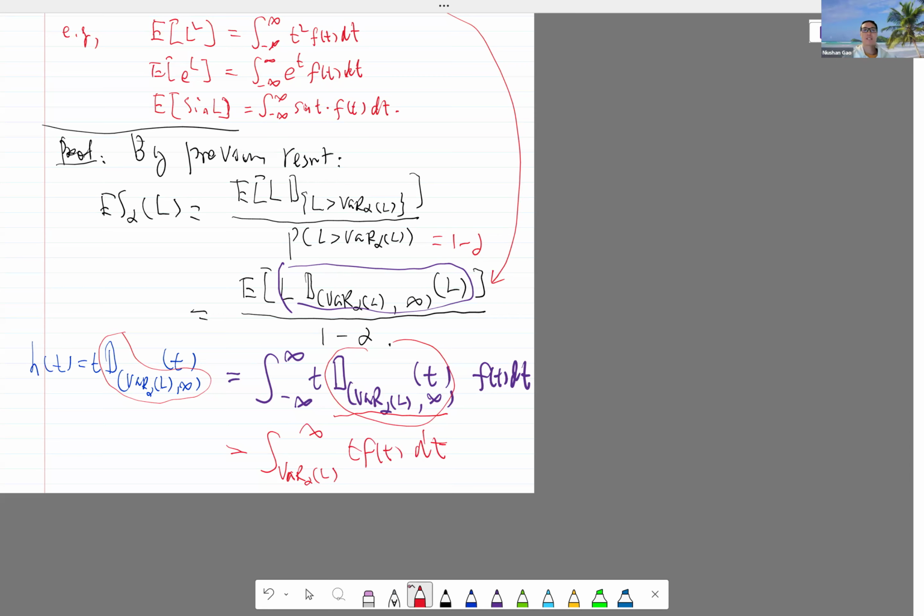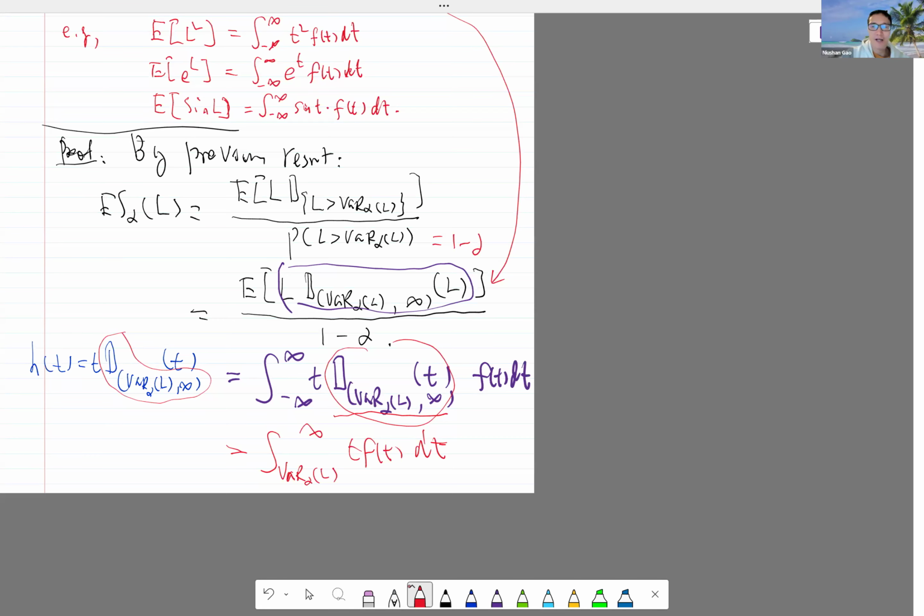When t is larger than value at risk, it's 1, so the remaining thing is just t times f of t. Otherwise it is 0, so we don't integrate there. We only integrate when t is larger than value at risk.